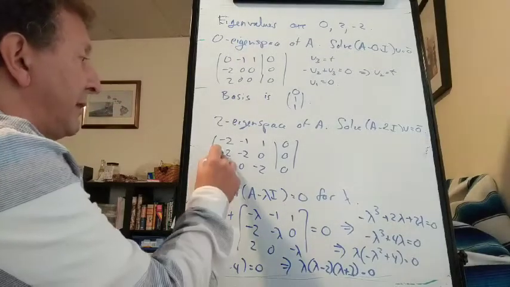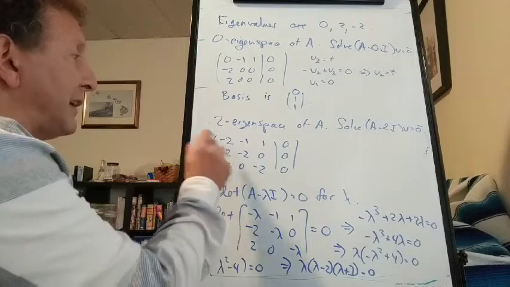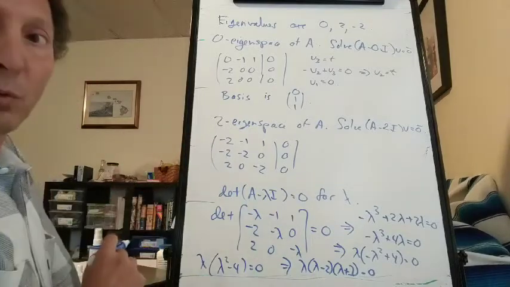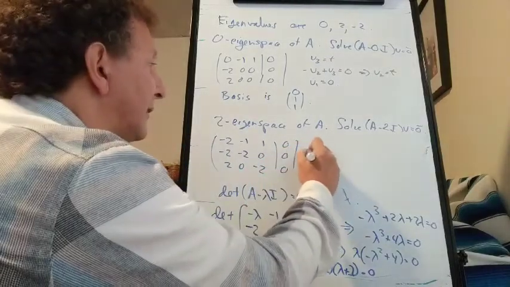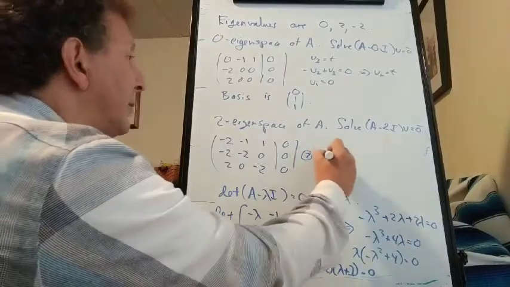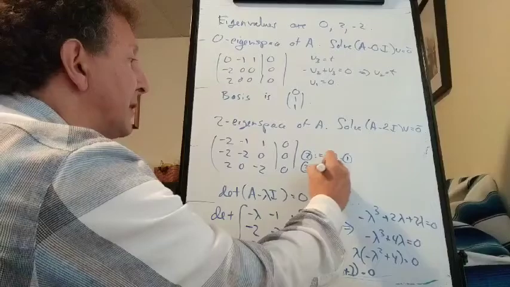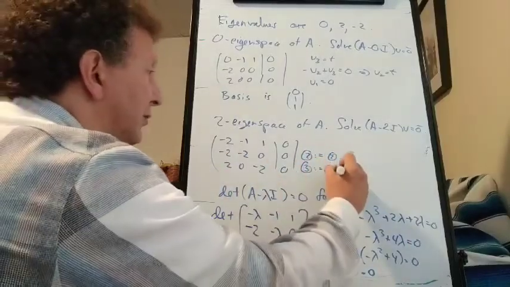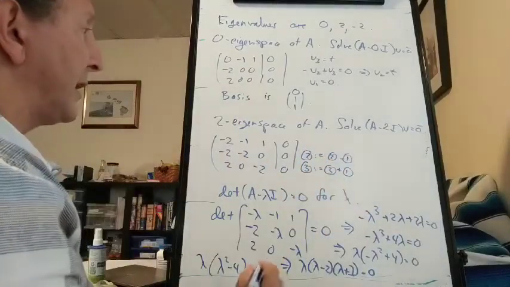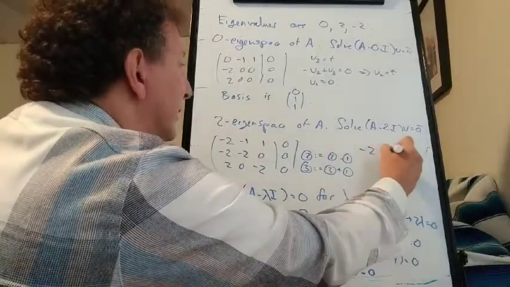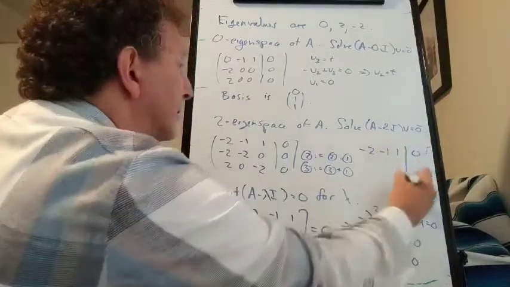And we can get rid of the 2 and negative 2 here pretty easily, even without changing this first negative 2 to a 1. So we'll let row 2 become row 2 minus row 1, row 3 become row 3 plus row 1, and then we've got negative 2, negative 1, 1, 0.